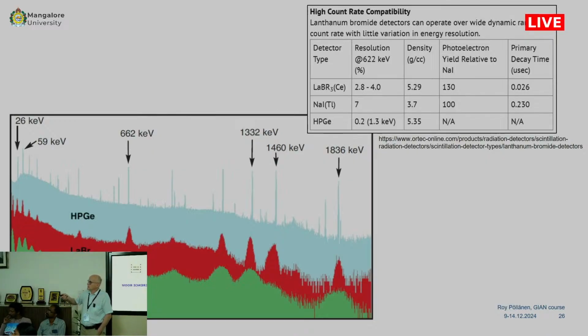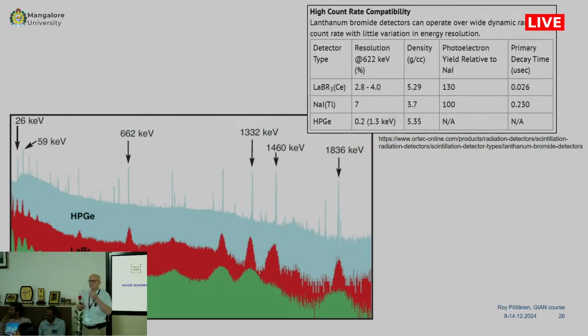So, the typical density of high purity germanium is around 5. The same is for lanthanum bromide, and sodium iodide is a little bit lower. But the point is that interaction strength is better when we have a dense detector.